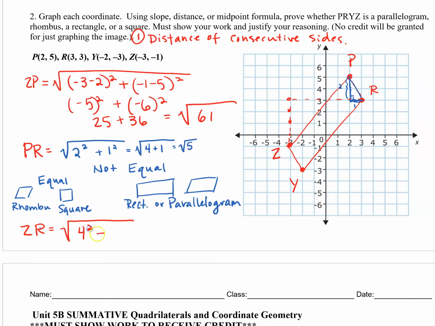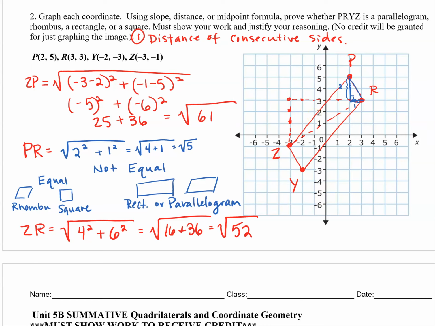That distance is 4 squared. I've got to go over 1, 2, 3, 4, 5, 6. That distance is 6 squared. So now I have the square root of 16 plus 36, the square root of 52. That's the distance from Z to R. See the little triangle there? We're just doing the Pythagorean theorem, which is also the distance formula.